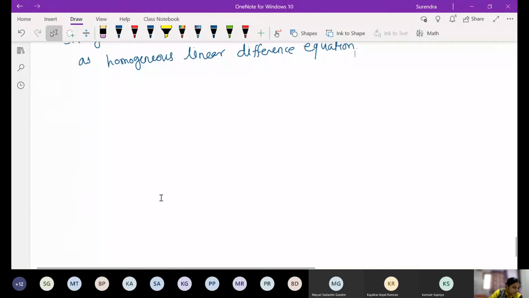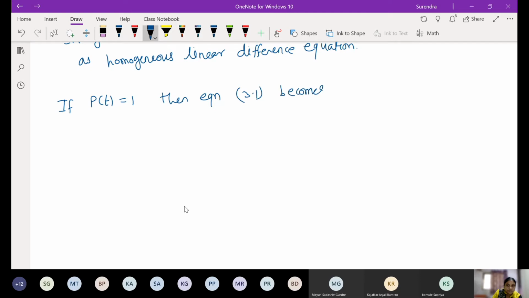If p of t is equal to 1, then equation 3.1 becomes y at t plus 1 minus p of t, which is 1, into y t, is equal to r of t. So y at t plus 1 minus y t is nothing but delta y t, which is equal to r t. So can I solve this now?